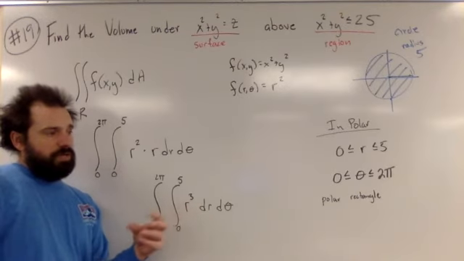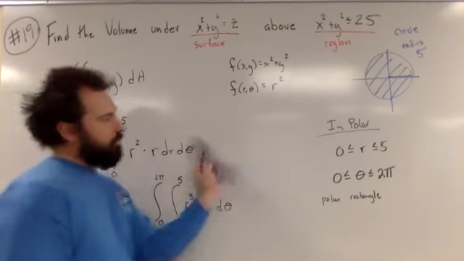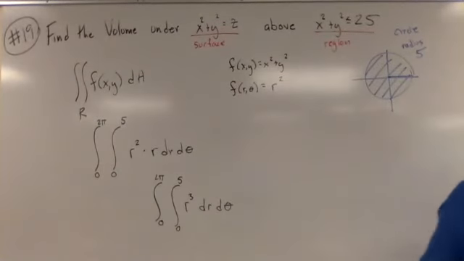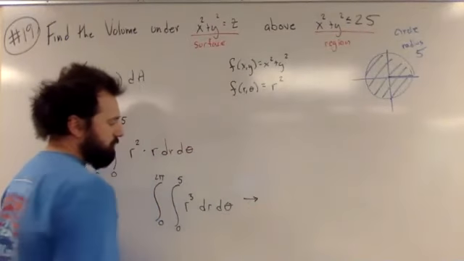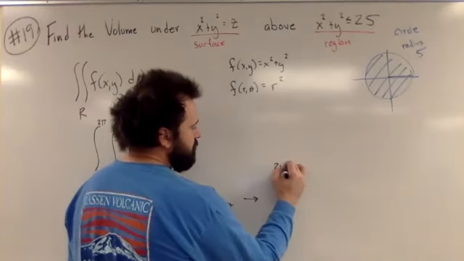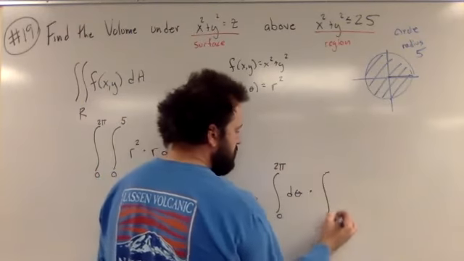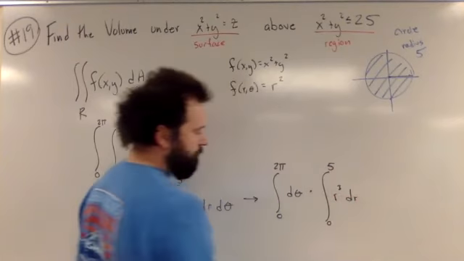So I can actually separate the two integrals apart. Let me write it over here. If I rewrite this, it becomes the integral from 0 to 2 pi d theta times the integral from 0 to 5 of r cubed dr.